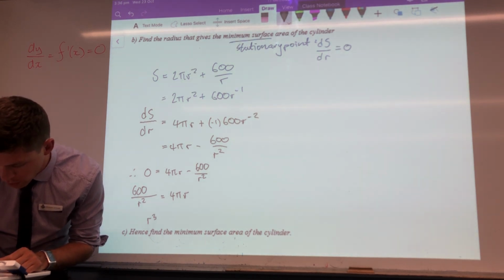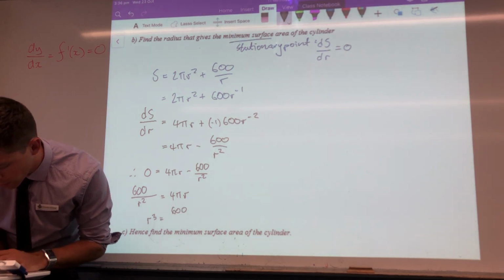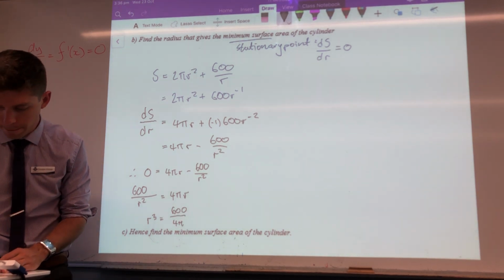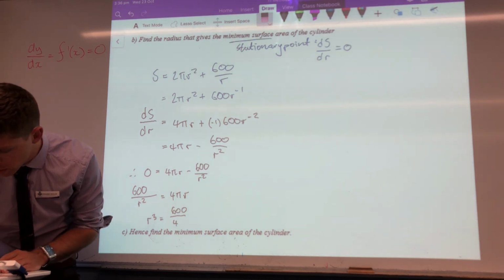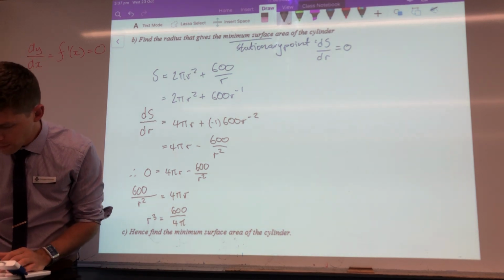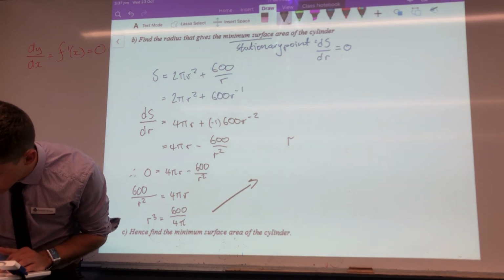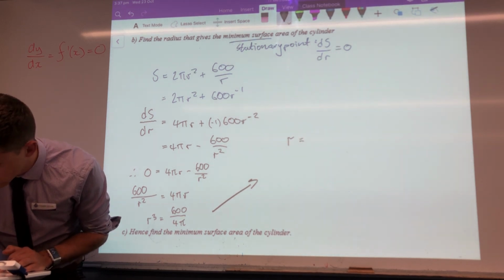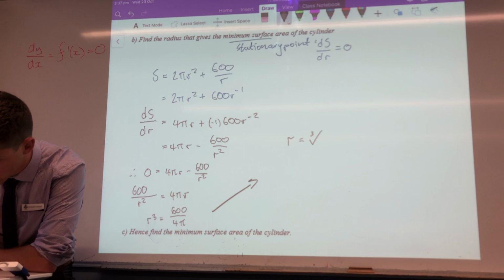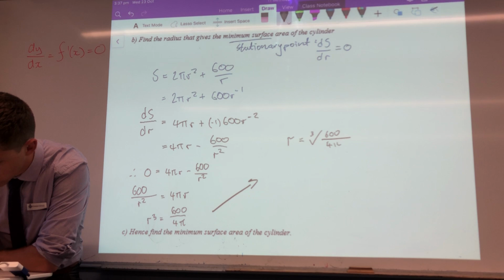Or r cubed is equal to 600 over 4 pi. So let's just keep going over here. Our value for r, which gives our minimum surface area, is going to be the cube root of 600 over 4 pi.